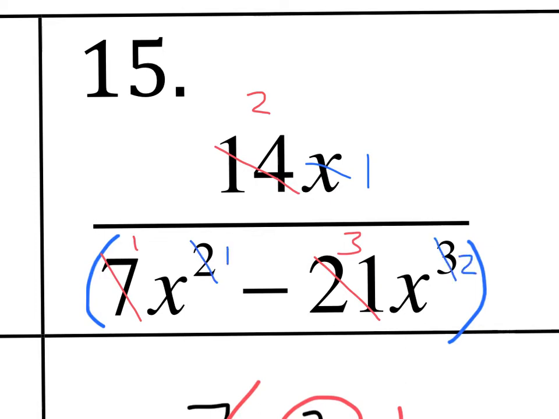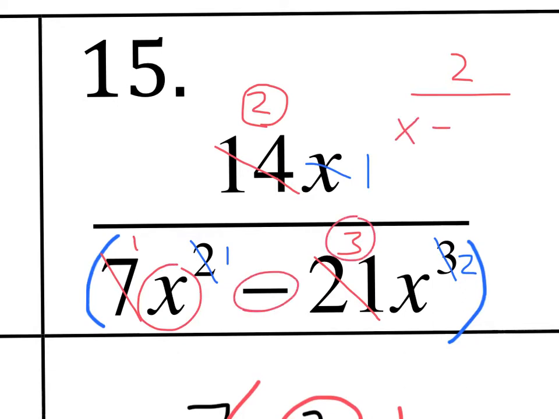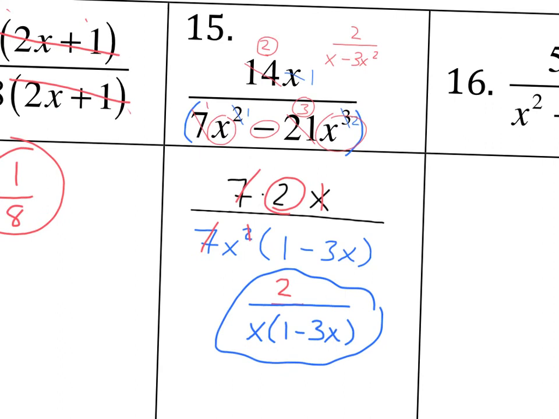This divides by x to give me an exponent of 2. So notice what's left. In the numerator, I'm left with a 2. In the denominator, I'm left with x minus 3x squared. And that's the exact same answer as down here, except this one's factored. Factor out the x, same answer. Both of them are acceptable final answers. There actually isn't a law that says one is simplified beyond the other.